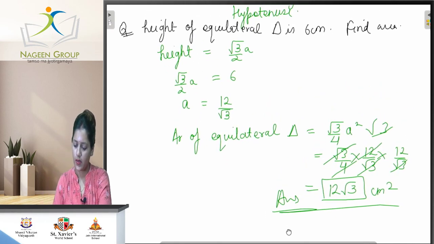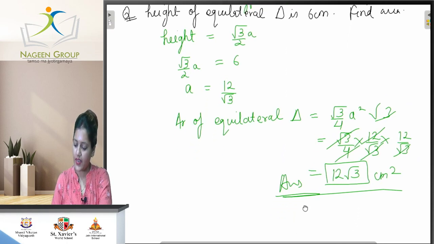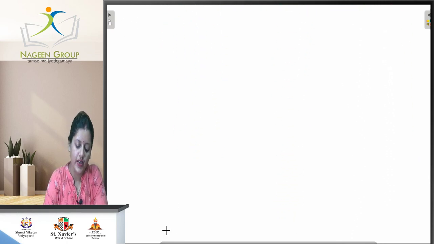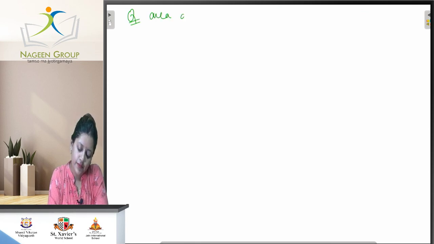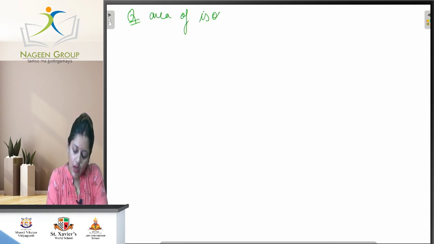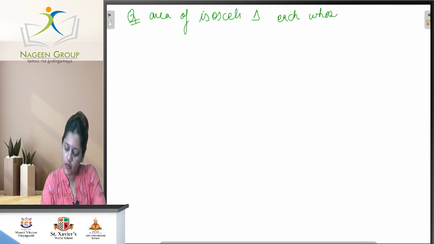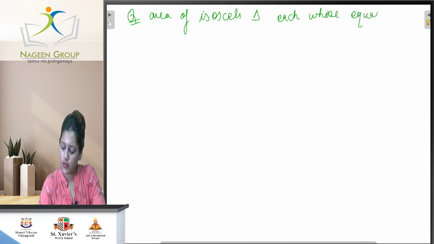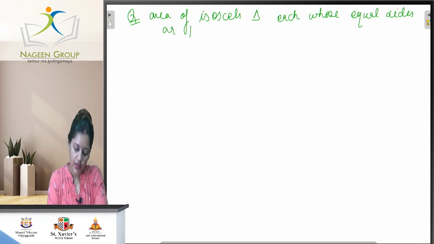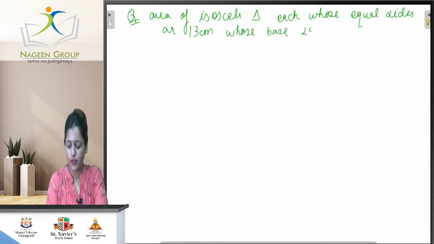Now there is another question related to an isosceles triangle. The question is, the area of an isosceles triangle whose equal sides are 13 centimeter and whose base is 24.